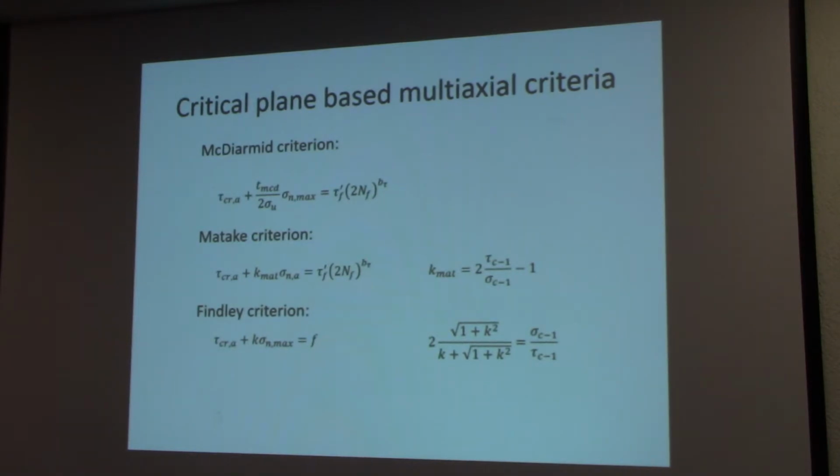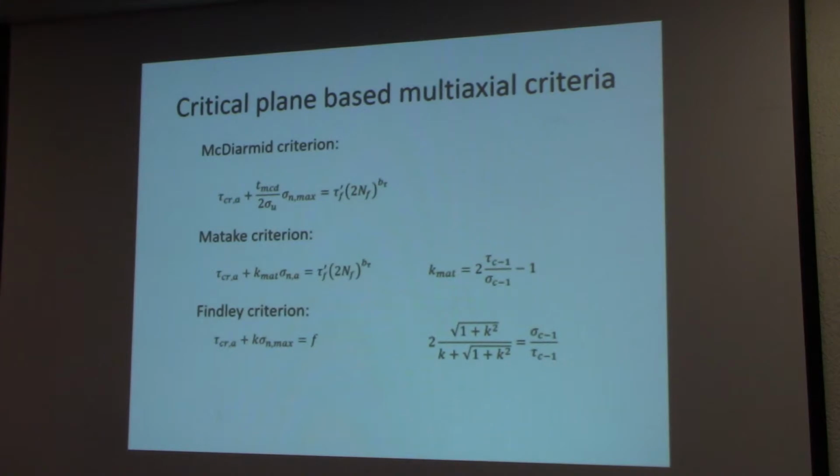The problem with this definition is that while Matake and McDiarmid are consistent with observation, for example, for pure tension loading, when Professor Polak did some measurements, and lots of others found out that the critical damage occurs in the plane of maximal shear stress amplitude, Findley chose this solution.